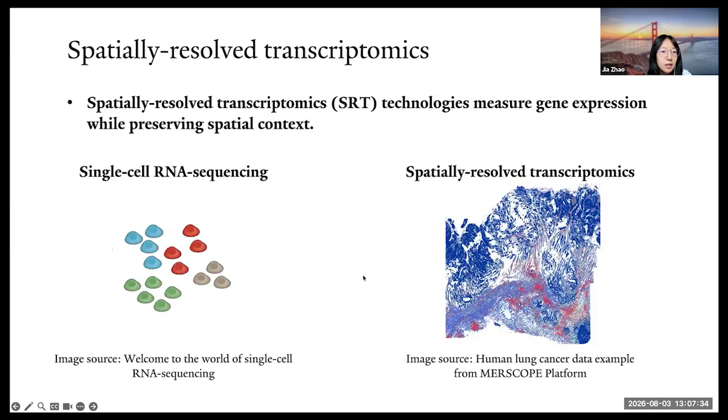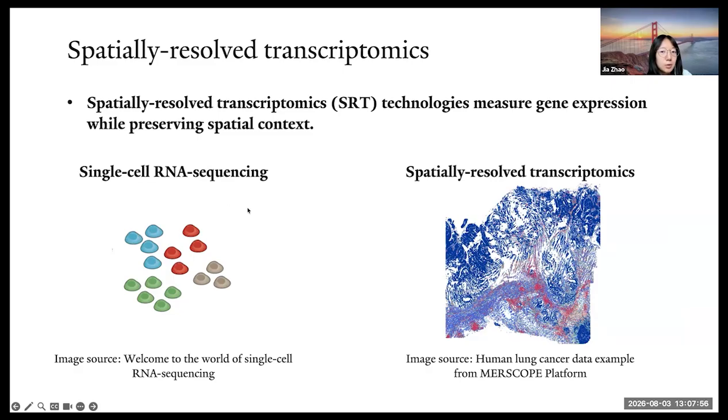And recently, there are newer technologies named spatial transcriptomics, or spatially resolved transcriptomics. Compared to single-cell RNA sequencing or other modalities, basically they capture the molecular information from each individual cell.